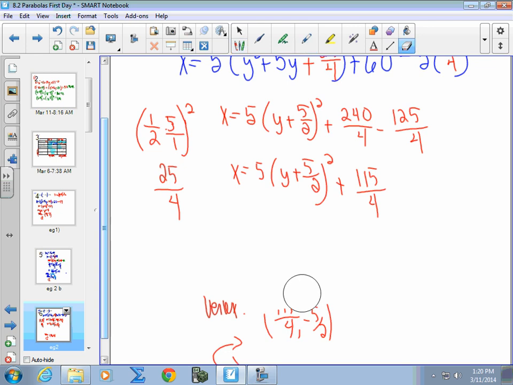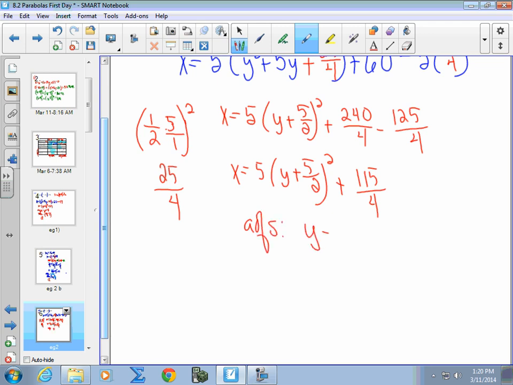The axis of symmetry is y is equal to -5 halves. The vertex, once again, you need to be careful. It is 115 fourths and -5 halves.